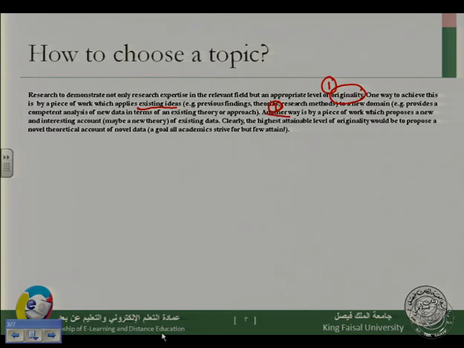No one researched that before, and you want to have this groundbreaking topic to attain or to find new data and new findings. This is viable and doable, but you need to find that novel or new topic.